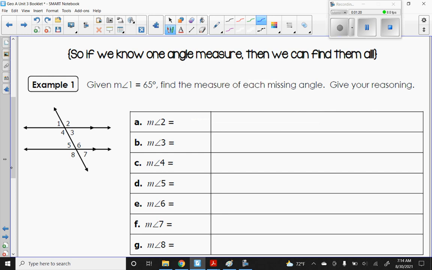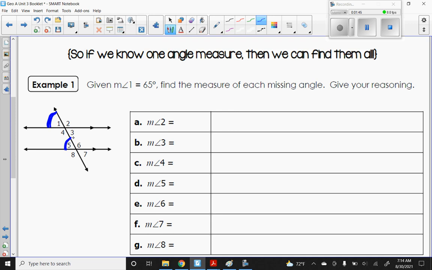So let's look at example 1. If angle 1 is 65, I will mark every angle that is 65 in blue. So angle 1 is 65. Angle 5 is corresponding to it. Those are both acute and both congruent.